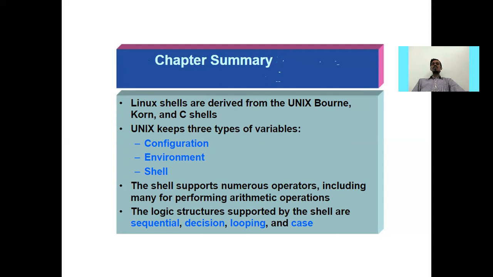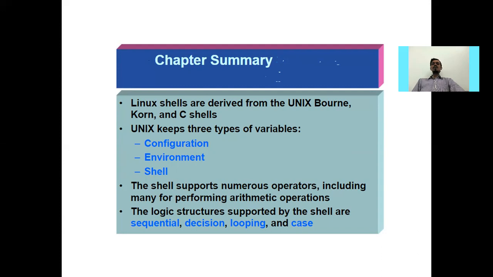The shell supports numerous operators, including many for performing arithmetic operations, and second, logical operators. The fourth and last point is the logic structures supported by the shells. Sequential commands are executed one by one.